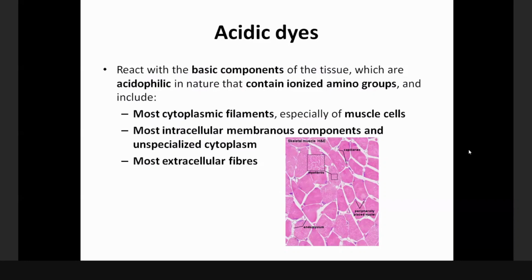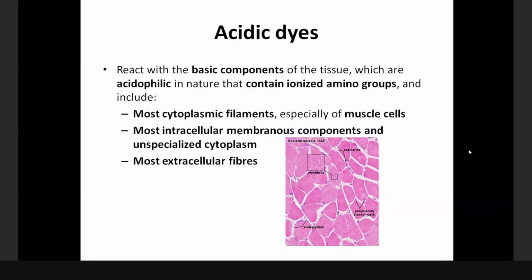And then you counterstain it with acidic dyes, which would react with basic components of your tissue, which themselves are acidophilic in nature. And these are those containing a large amount of, for example, ionized amino groups. Like, for example, most cytoplasmic filaments in muscle, we have such a large amount of filaments.